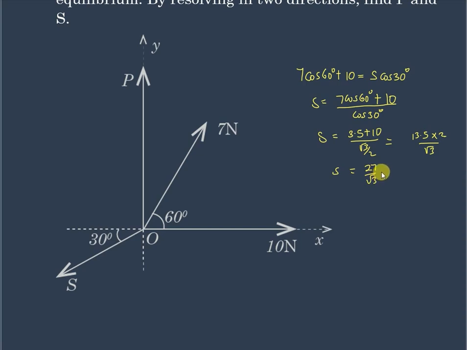Another way, you could write this as 9 root 3 newtons, because if you try to rationalize the denominator, we're going to get a 3 down there and a root 3 up, then 27 over 3 is 9. So that is 9 root 3. You can work it out with the calculator and get the actual value in decimal places.